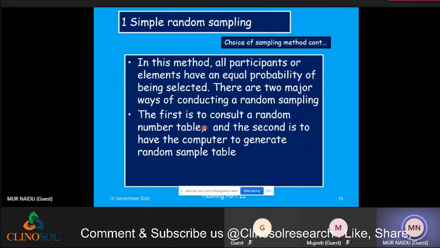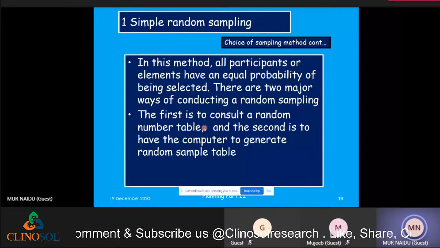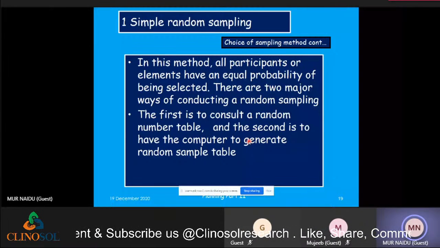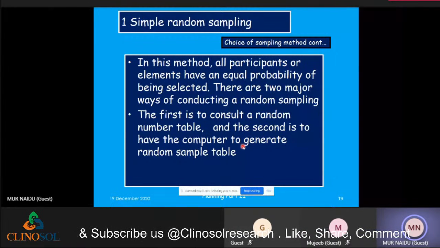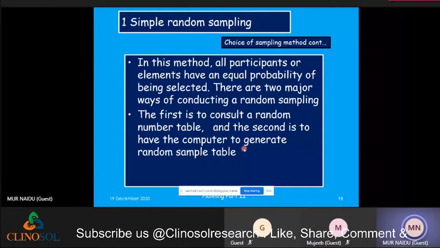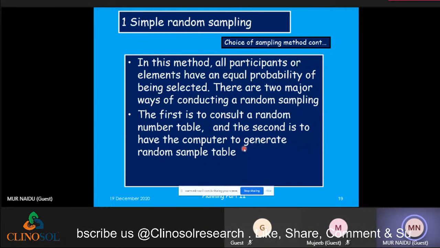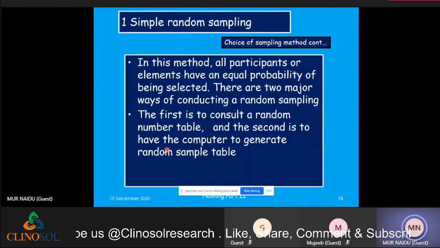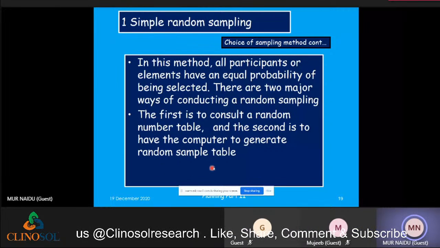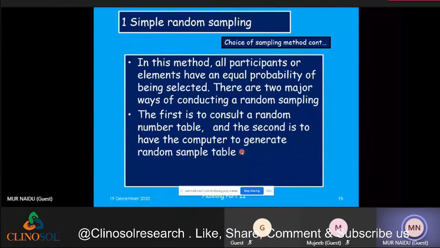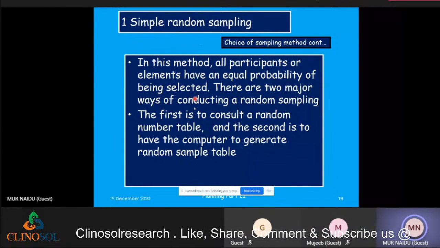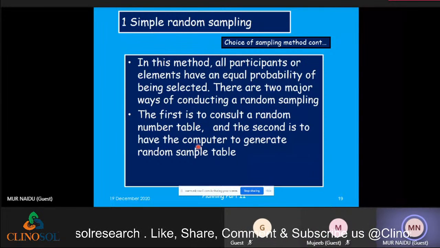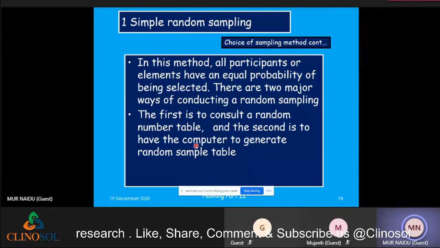This is one method, but this is the old one. Today we have a very good computerized randomization. You go to the computer program, enter your information, how many groups you want, how many samples you want, and it generates a very good random sample and you can print it out. So simple randomization can be done by using the number table, or today you use a computer method.